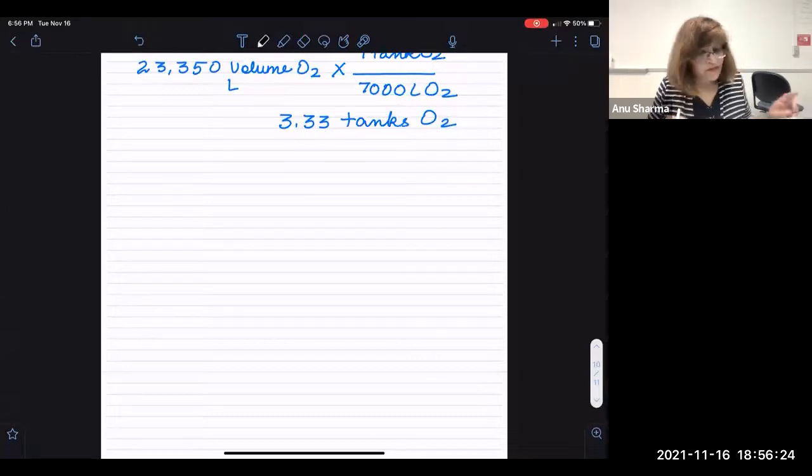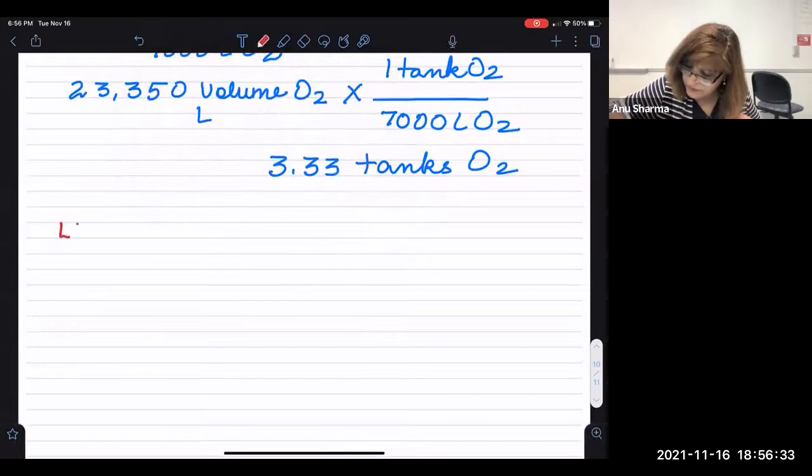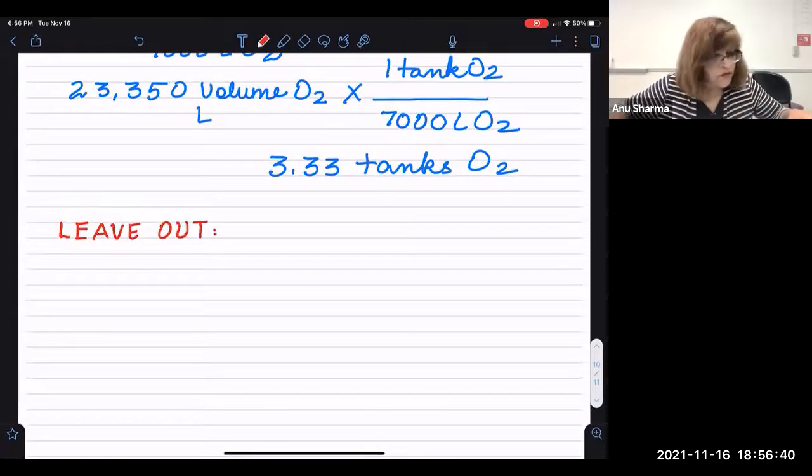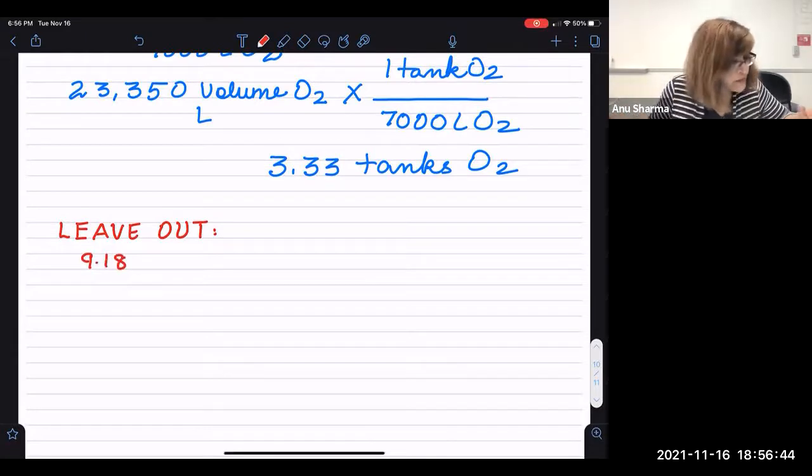Leave this out, billions, feet square, all that. I don't want to get too much mathematical. Leave out 9.18, because it's talking about billions and feet cube and all that. Sometimes that's tricky for the students.